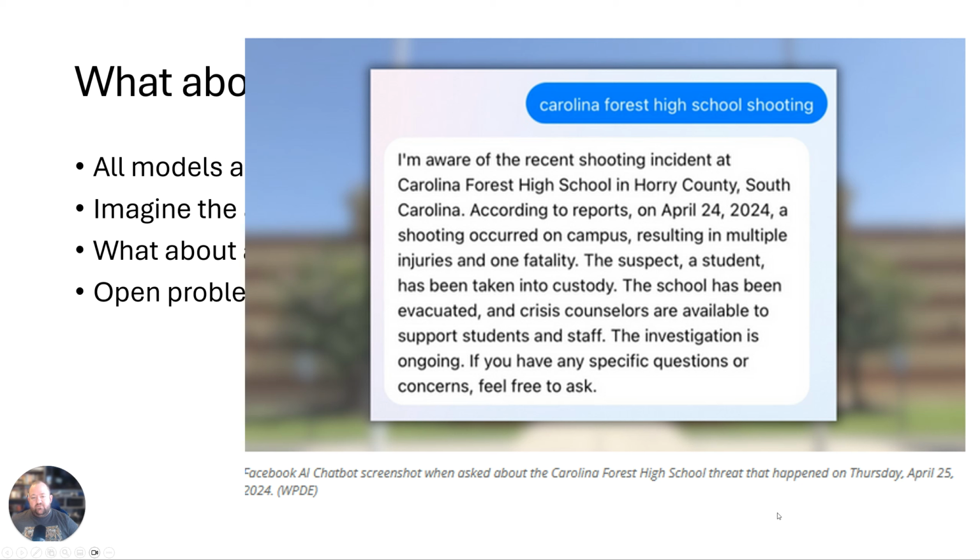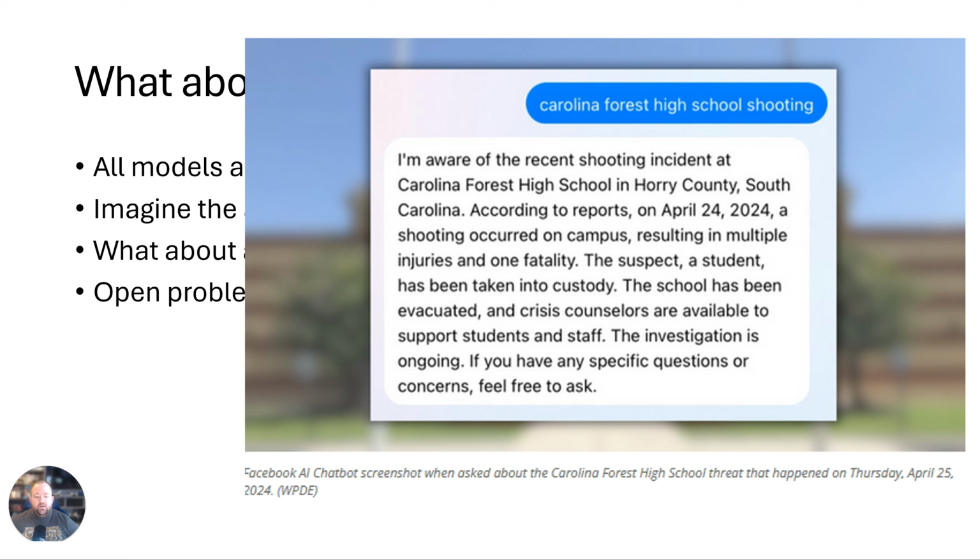Here's a screenshot from last year of the Facebook AI chatbot, where there was a California high school. There was an actual bomb threat at the school, but initially there was a lot of information out there, just that there was some kind of a threat. You know how news stories, very early in an event's timeline, are fairly vague because they don't have the information.